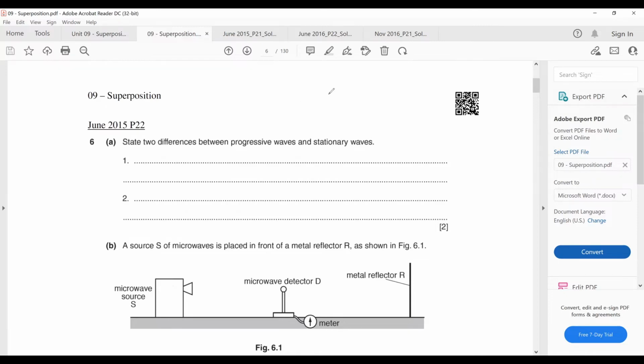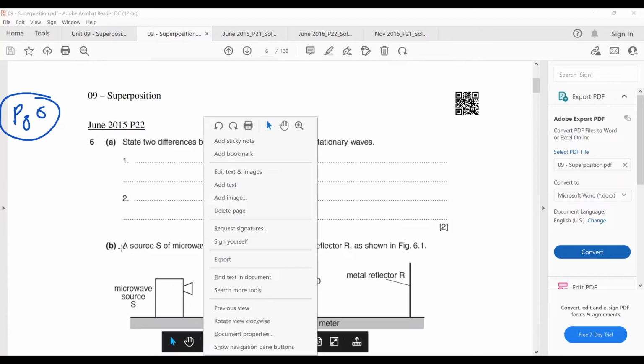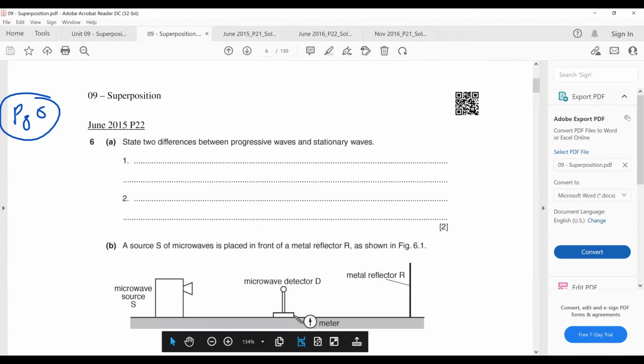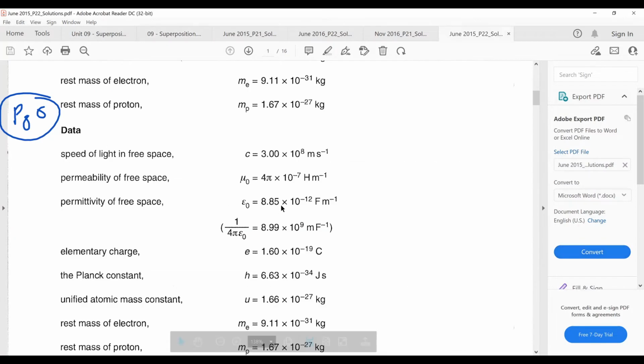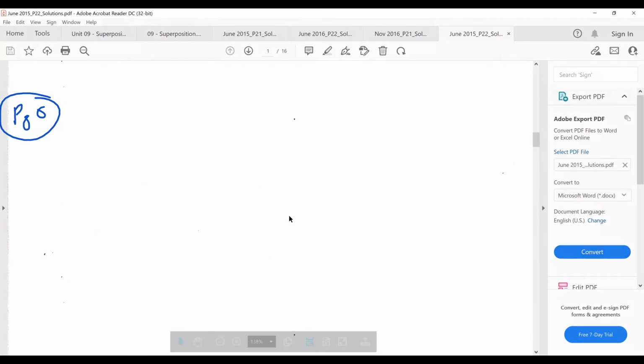Maybe we just do the first part. Oh wait, it's 6:15. Just have a look at page 6. I'll just roughly brief you through this so that you can do this before I end the lesson. June 15 P22. Page 6 of your worksheet. You just do this as homework later, all right?